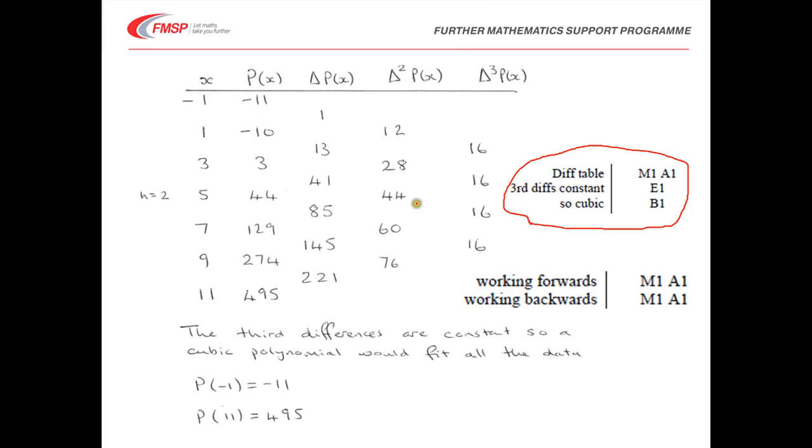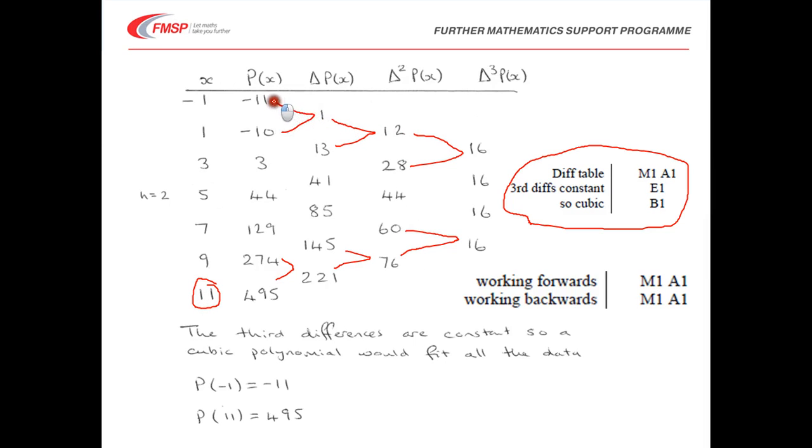Now, what they mean by working forwards is that on this one, we're adding to go that way, so that works us forwards to 11, and working backwards, which is this, each time we're subtracting there.